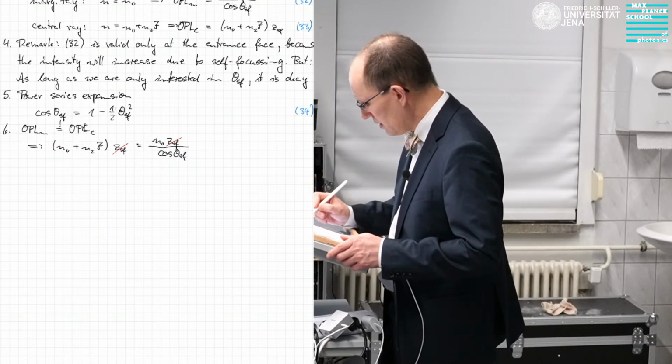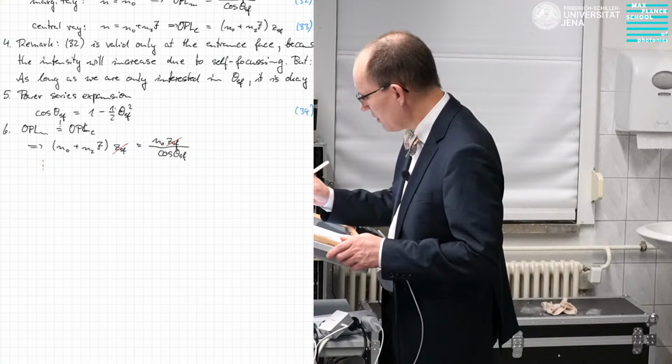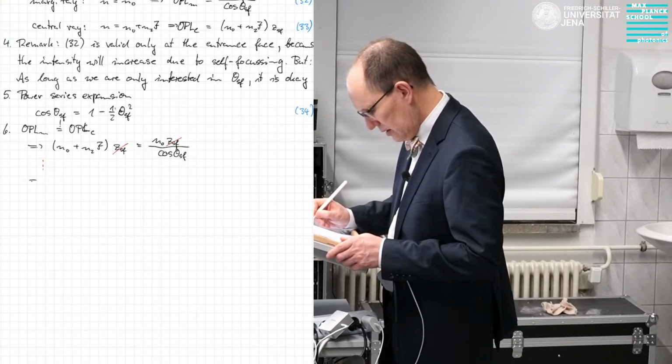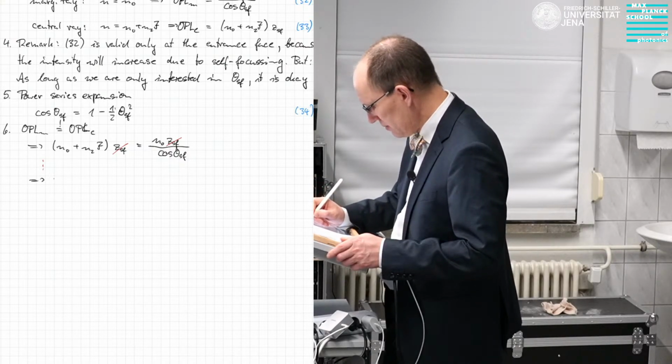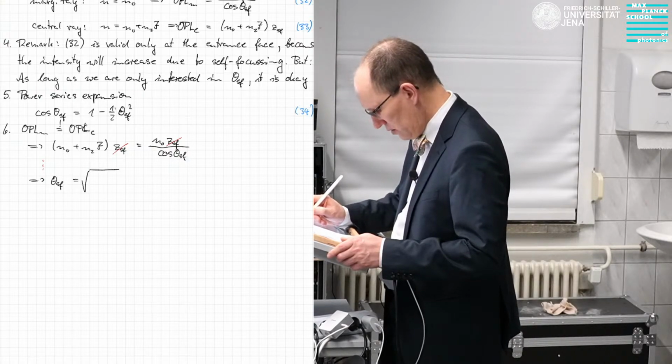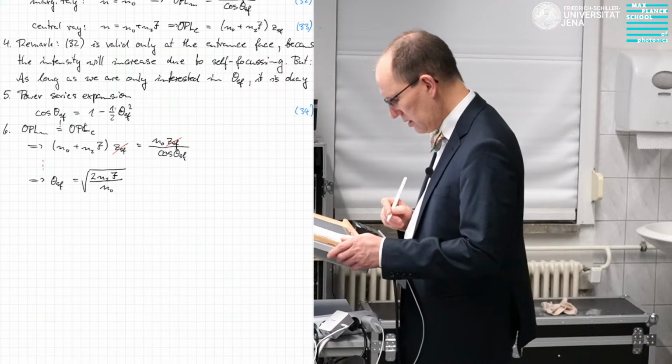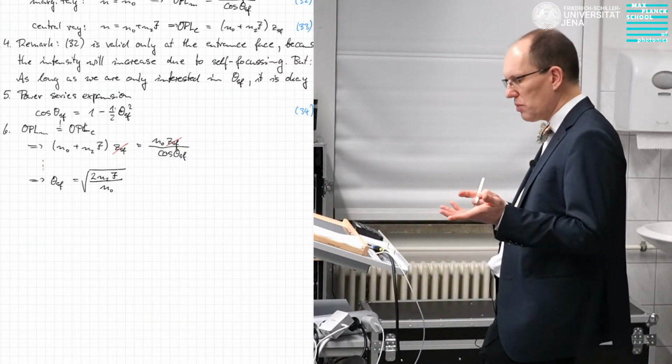After a few lines of trivial calculation, you find the self-focusing angle is equal to the square root of 2 times n2 times the intensity divided by n0. Nice expression.